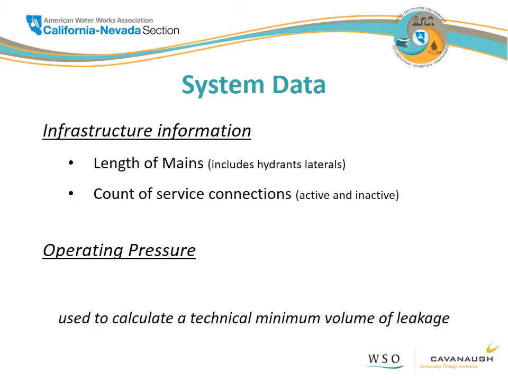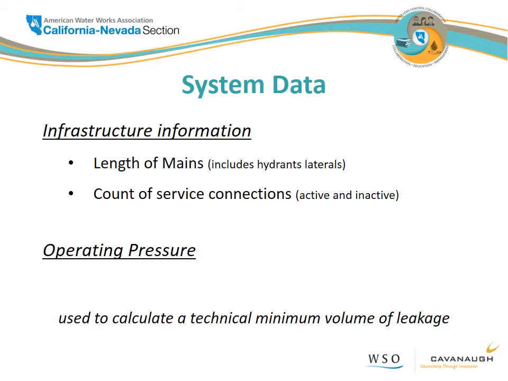There's a section called system data that speaks to the physical parameters of your system, such as how many miles of main, of pipe under the ground, do you have, and what is the total count of service connections. A couple things to note in that miles of main calculation: we do want to attempt to incorporate the hydrant lead lengths as well as on the count of service connections.